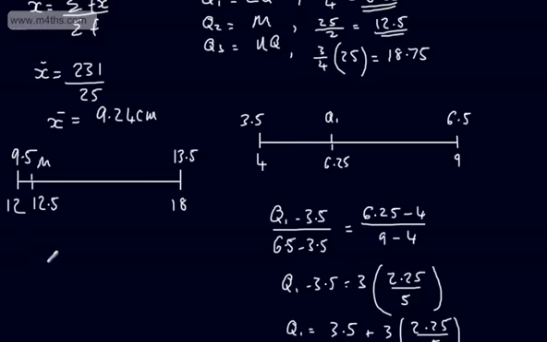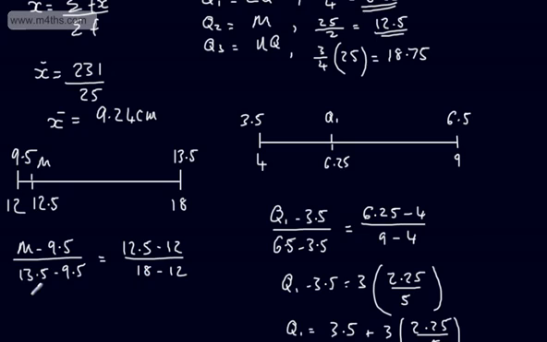So what we can say then is the following. M minus 9.5 over 13.5 minus 9.5 will be the same as 12.5 minus 12 over 18 minus 12. So what have we got here? We've got now M minus 9.5. That's going to give me 4.